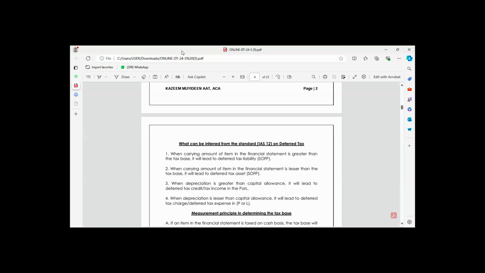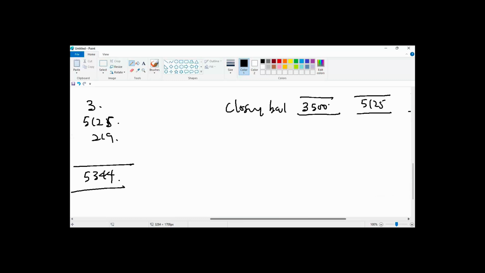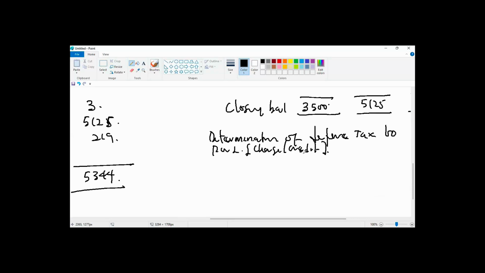Now, to determine the deferred tax that goes to the P or L, which can either be charge or credit, there are two ways.